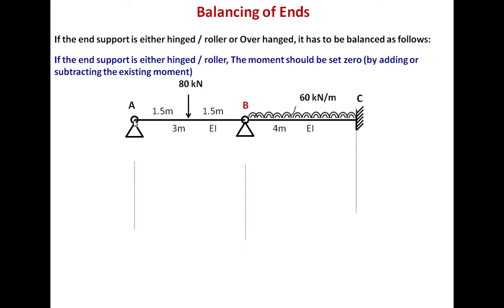So when we get the fixed end moment, it may have some value, but in that case we have to set it to 0. For example, if the fixed end moment is, let's say, minus 30 at this point, then in this balancing of end step we have to set this value as 0.